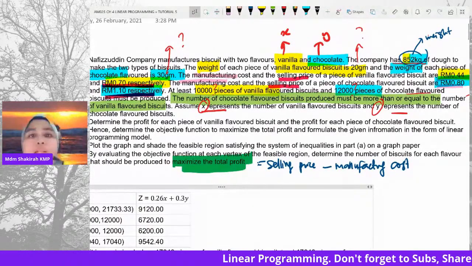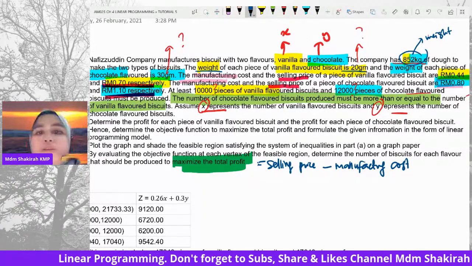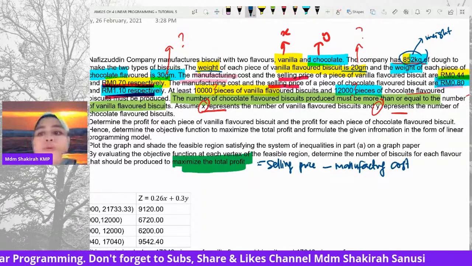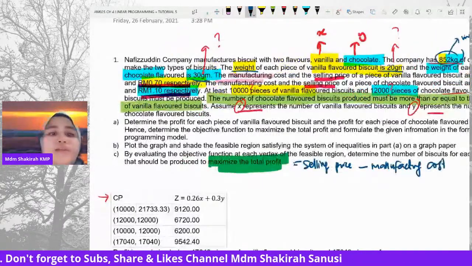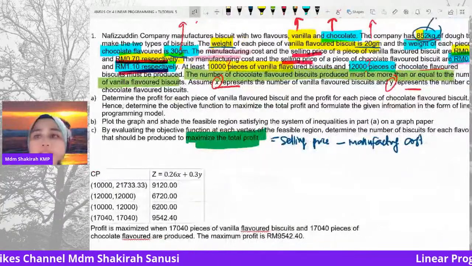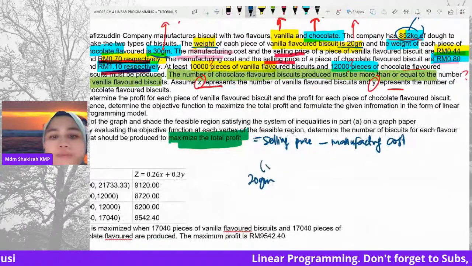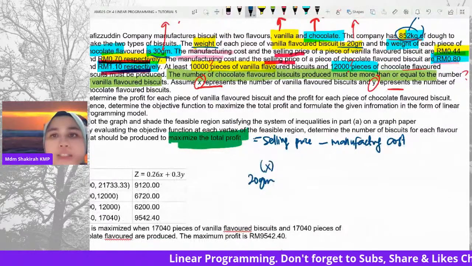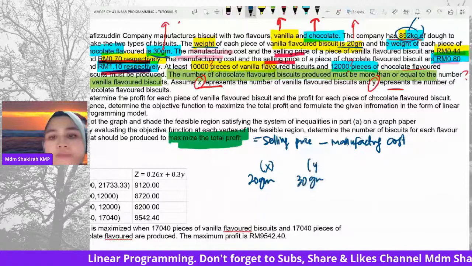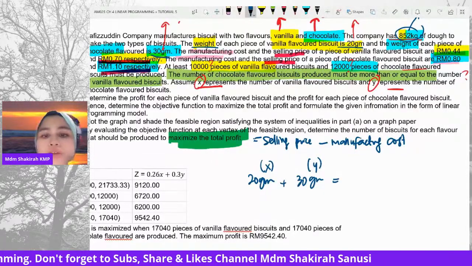And then sentence kedua dia kata apa? The weight adalah 20 gram and 30 gram. Okay. So here dia ada masalah kat sini. Apa masalah dia? Dia kata 20 gram untuk X dengan 30 gram untuk Y. Okay, kalau kita nak combine dua ni, semua unit must be in the same.